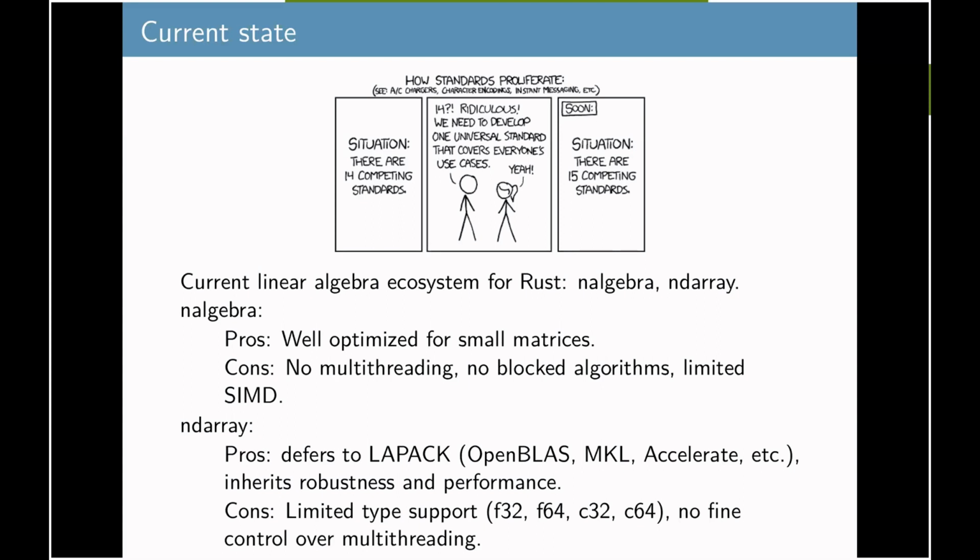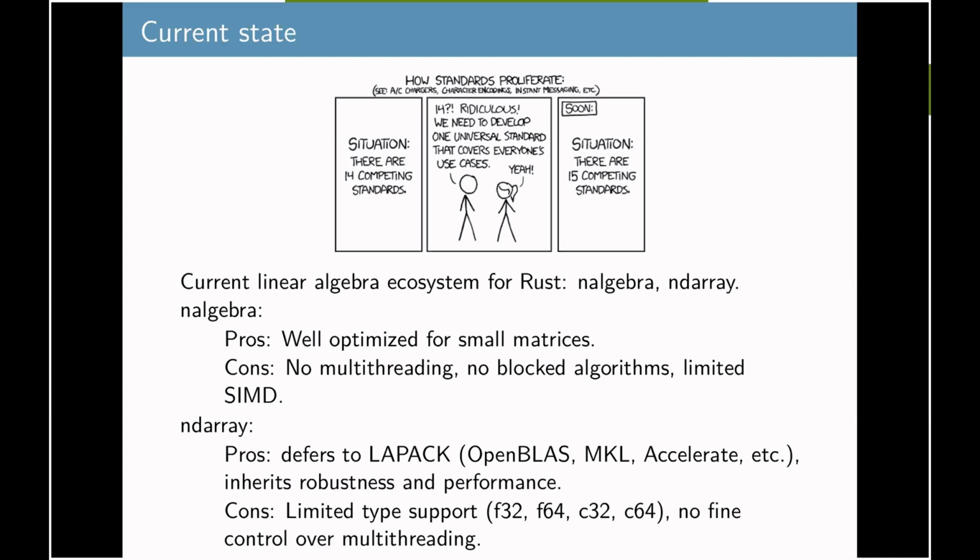Good because you inherit all the robustness and performance that have been accumulated over decades of work on LAPACK. But it's also bad because you have issues with portability, as well as you can end up with linking problems if you try to use OpenBLAS and MKL at the same time, for example, which is something I ran into on a couple of occasions.